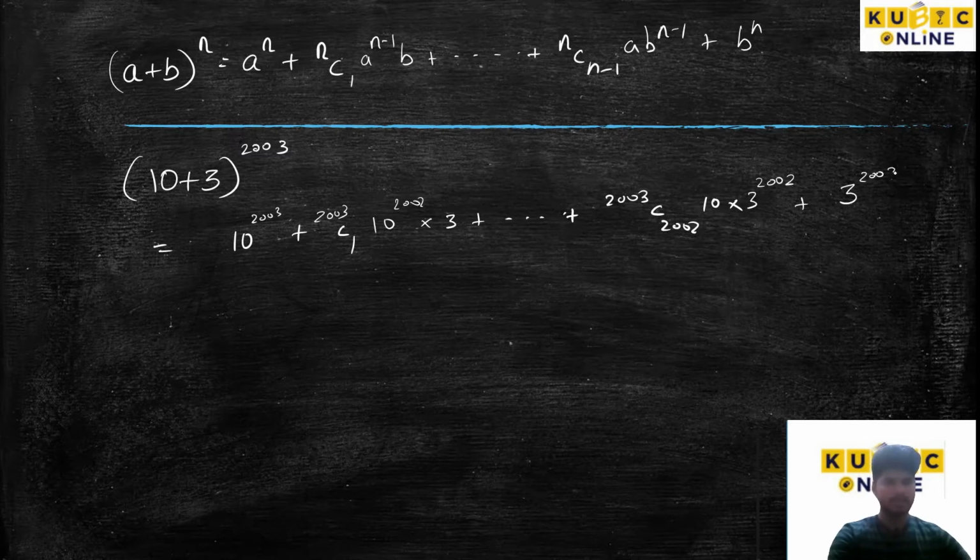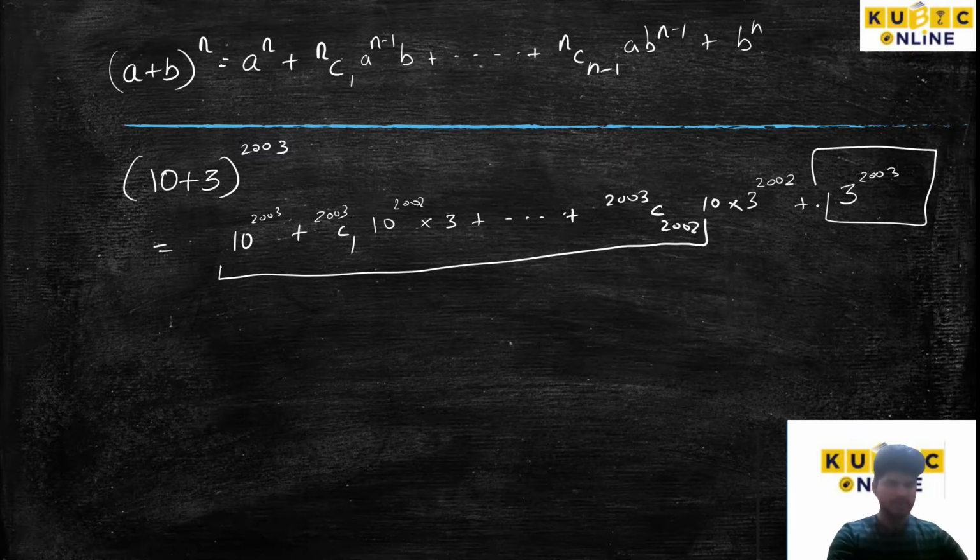So all these numbers will be divisible by 10. So we just have to find what is the remainder when 10 divides this.